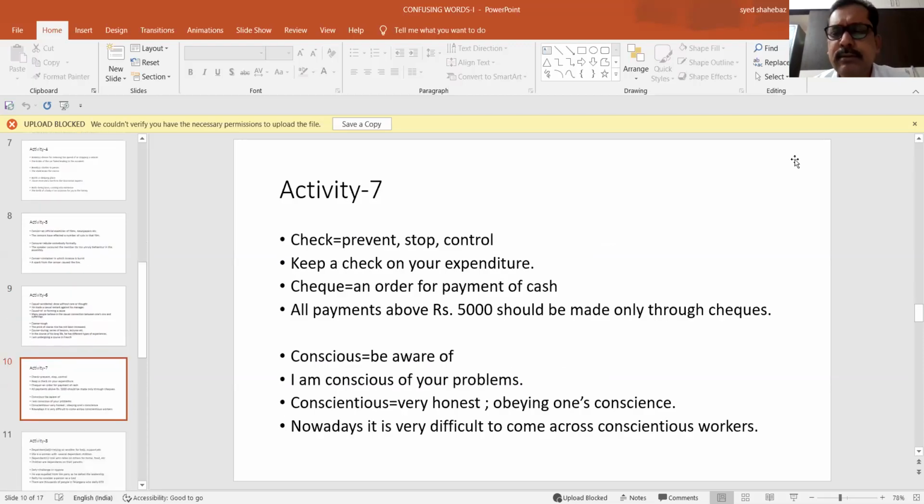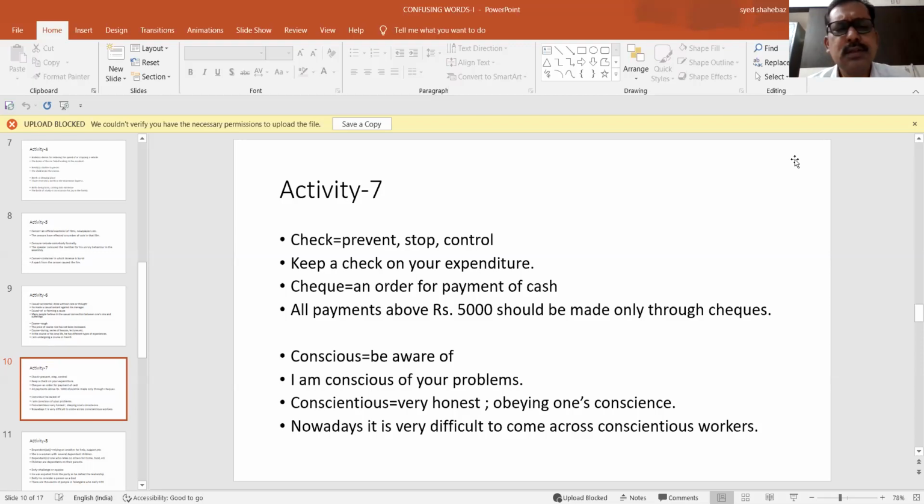Come to activity 7, check. C-H-E-C-K, check. Check means prevent, stop, control. Keep a check on your expenditure. So keep control on your expenditure. Prevent or stop your expenditure. It is check.